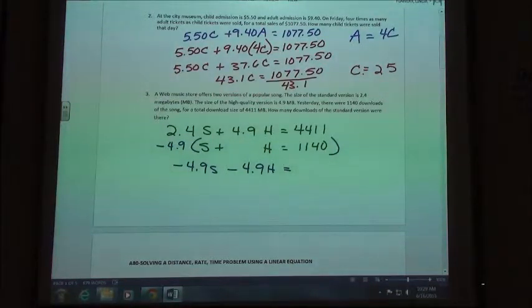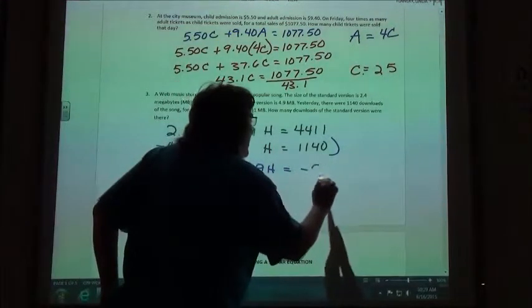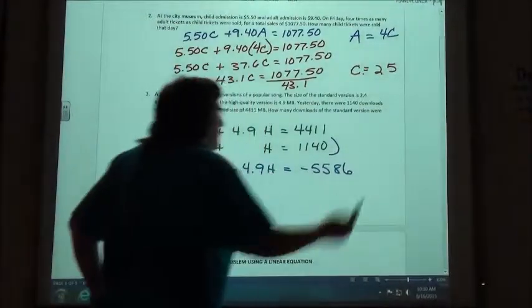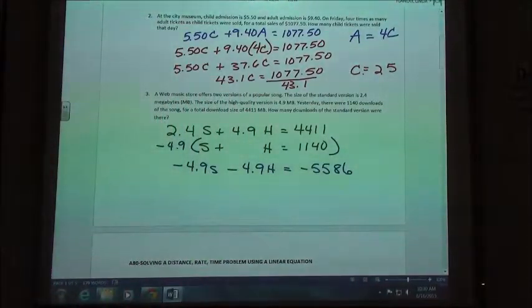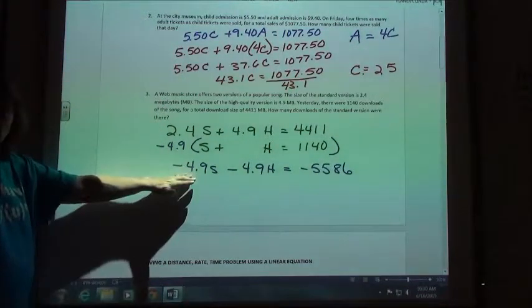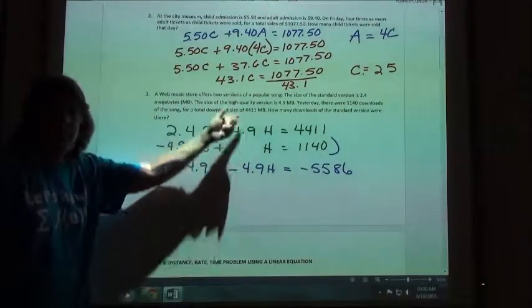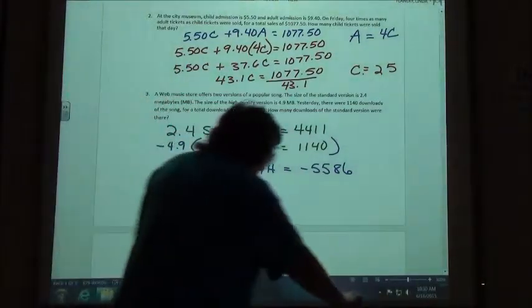So if you multiply that out for me, negative 5,586. Then what I can do is add my first equation with that new equation so that I can eliminate the H's from my equation.